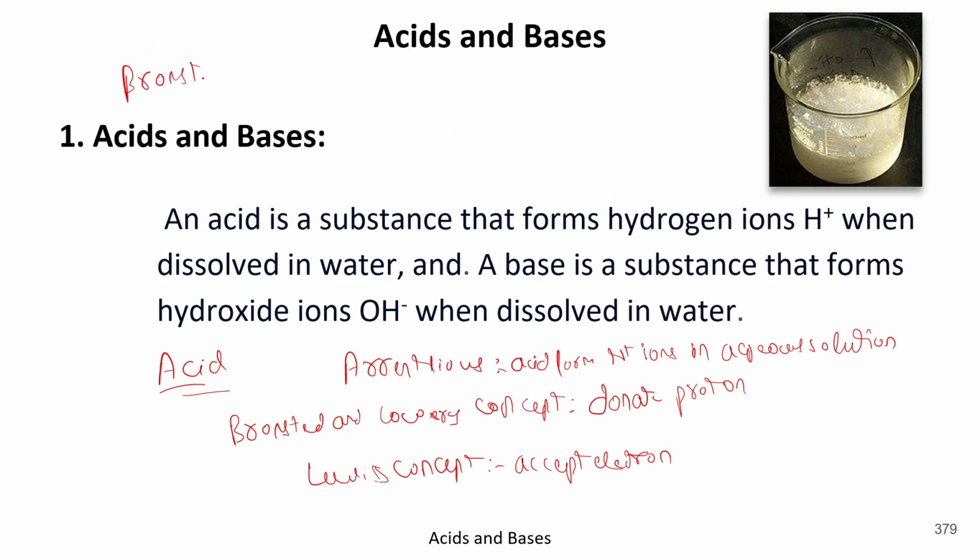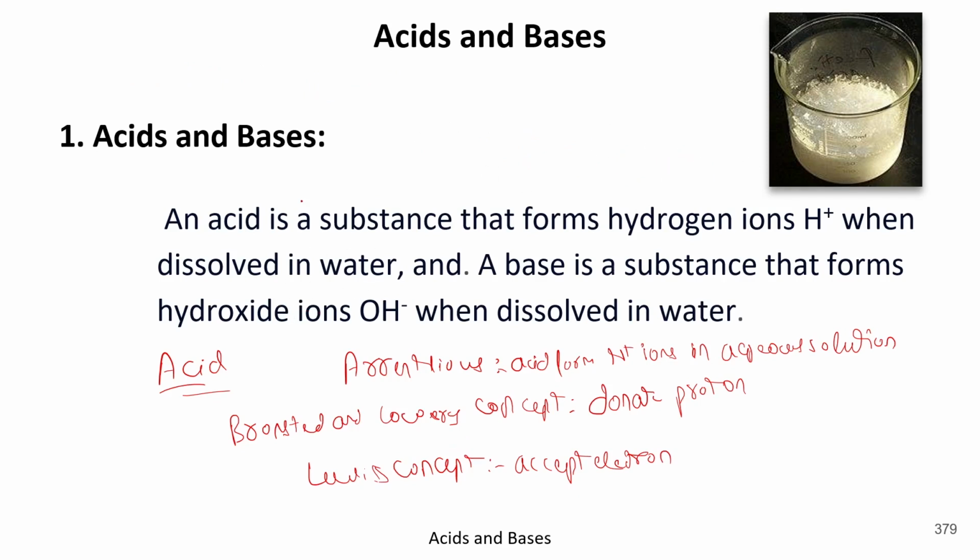Then Bronsted and Lowry said if this is an acid and it has a positive charge, which is the proton, then it will donate it. Got it? So acid donates proton, not protein.